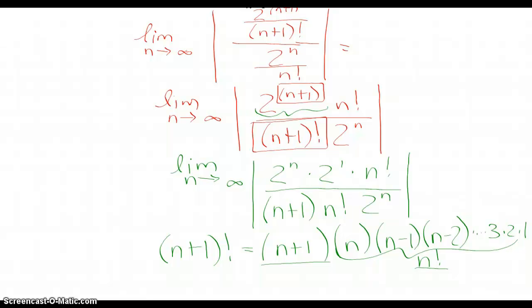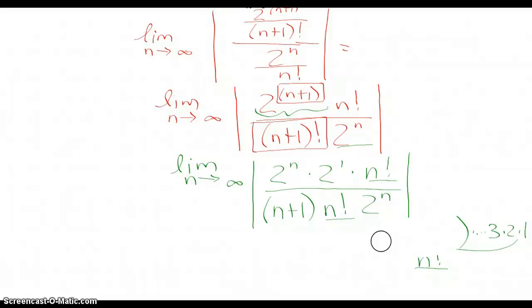And then I'm just going to copy down this 2 to the n. Now, do you see why I did that? Look here. If I rewrite n plus 1 quantity factorial as n plus 1 times n factorial, here is some of the power of the absolute ratio test. Those terms algebraically cancel.